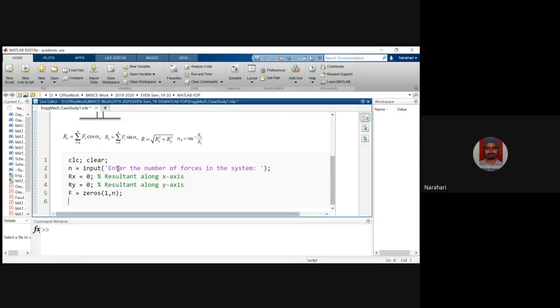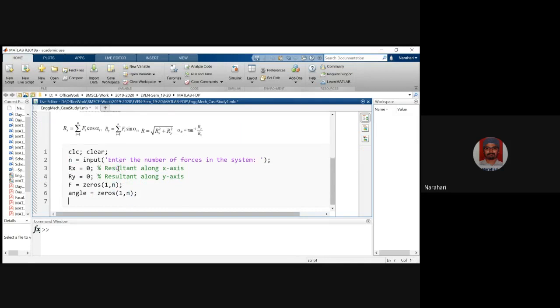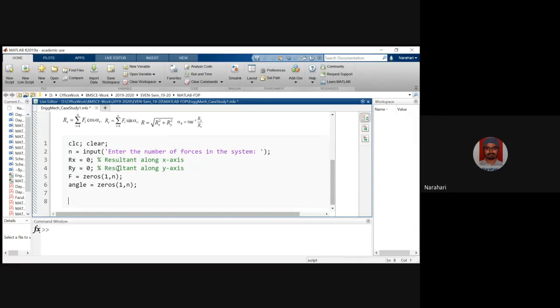Similarly, I will also take one for alpha, or angles, which will be of the same size. I have initialized these things. Why am I initializing? Because I want it to start with a default 0 value, so that we can keep adding. Now let me give a comment here also. Force vector. This is angle, sorry, not angel. Angle vector.